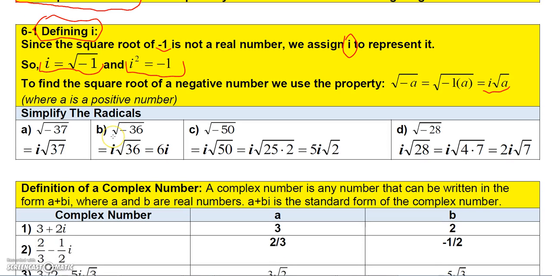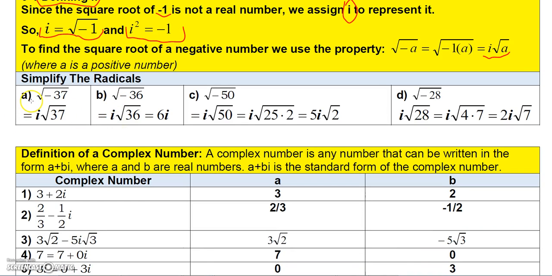Now, let me show you some examples of that. Since I know that the square root of -37 can be written as the square root of -1 times 37, I can write this as i times the square root of 37. So basically, I'm just going to use this property, and I'm not going to do the middle step here where I broke it up.